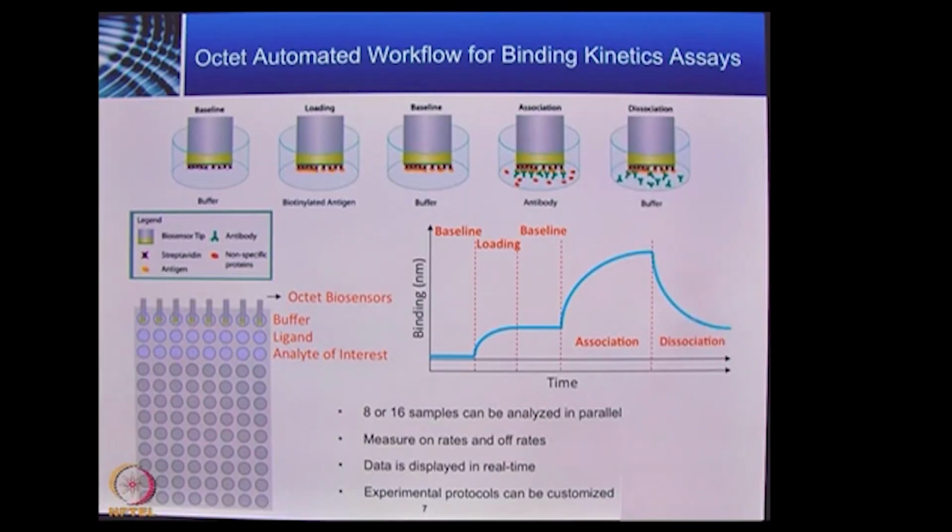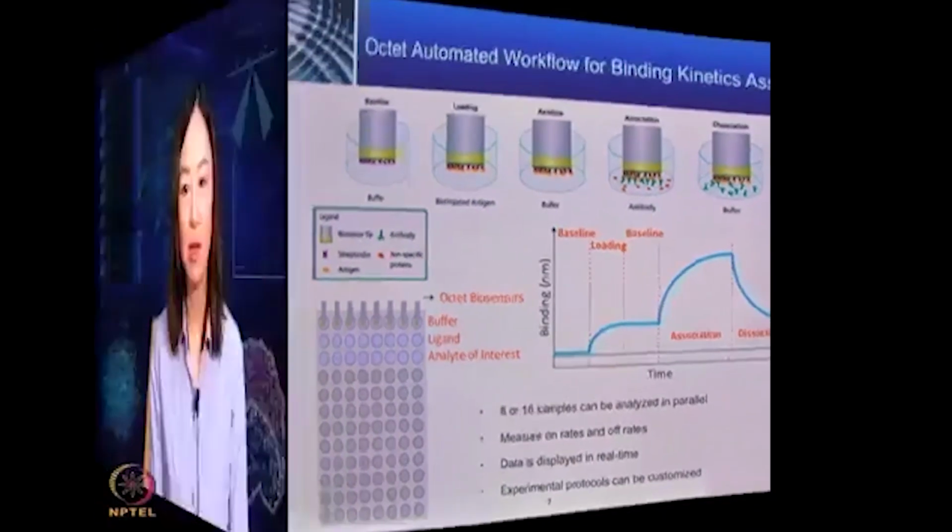And as the last step of this analysis, the biosensor is moved back to the wells which contain a buffer. Then in the buffer wells, the analyte will dissociate from the ligand, and we can generate the dissociation curve. One thing we need to pay attention to here is that all the interactions, the curves, are generated in real time.